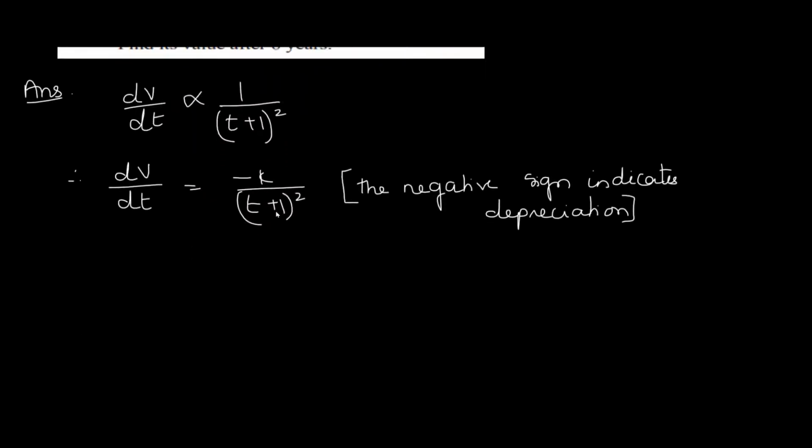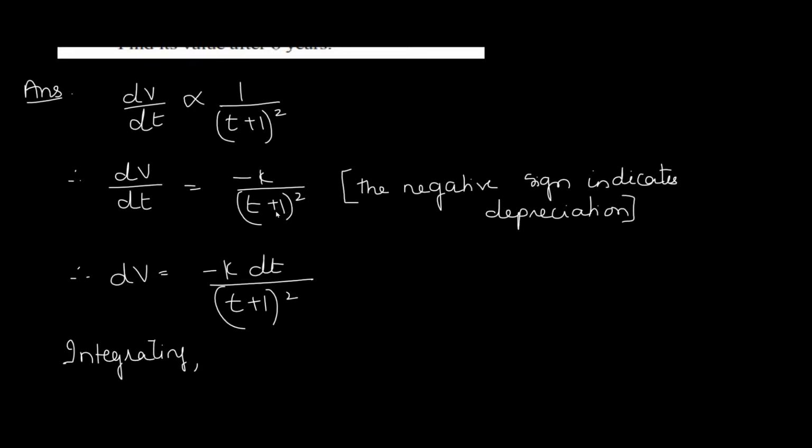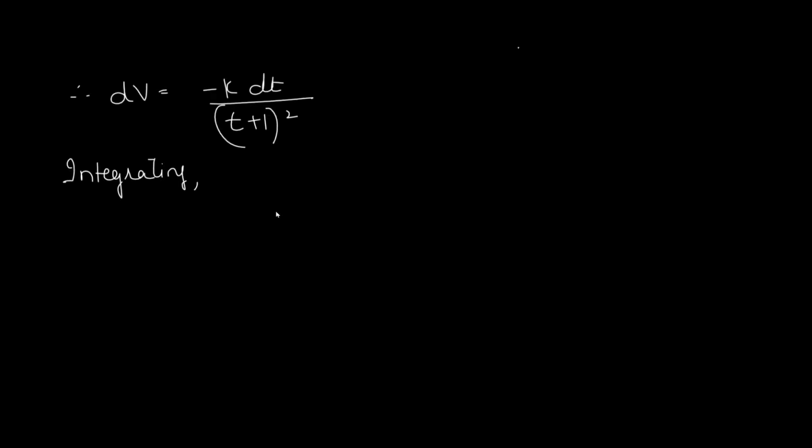Then going further, we separate out the variables over here, and therefore we have dV is equal to minus k dt upon (t plus 1) the whole square. Now we integrate both the sides. So integrating, we are going to get integral dV is equal to integral minus k dt upon (t plus 1) the whole square plus c.